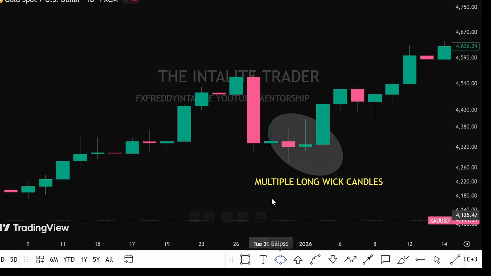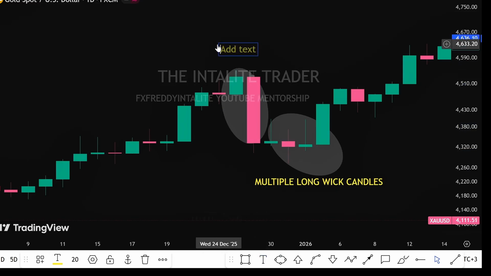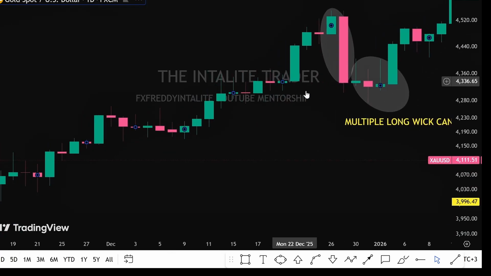This one is a momentum candle. We have a bearish momentum candle. This one is a bearish momentum candle.